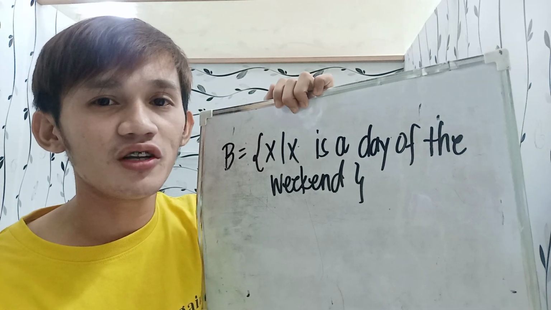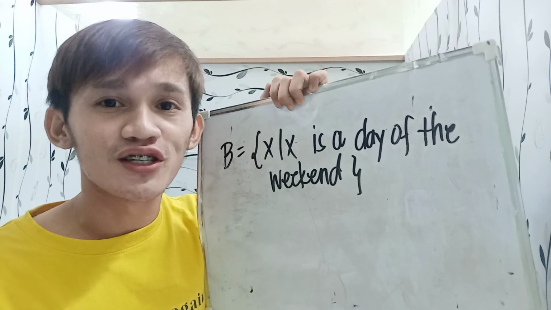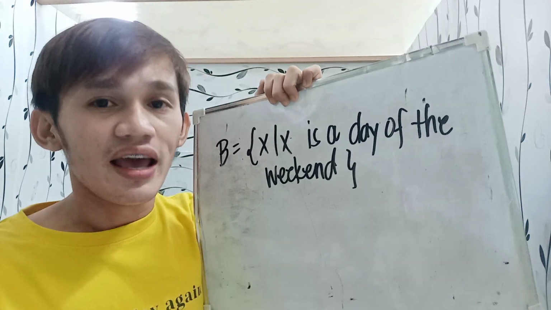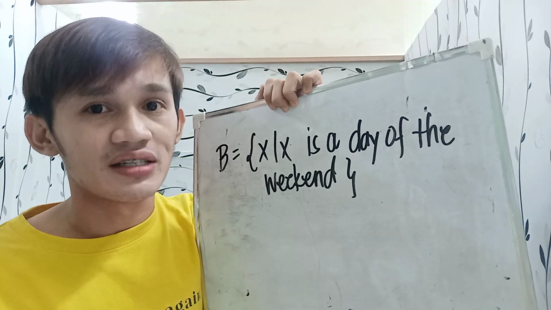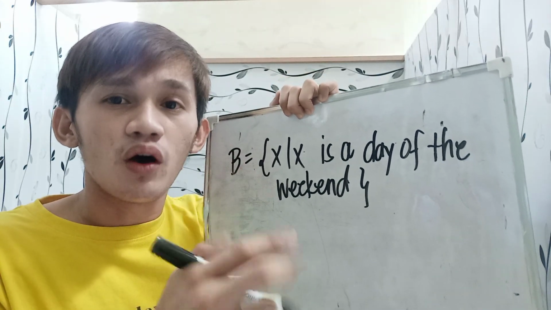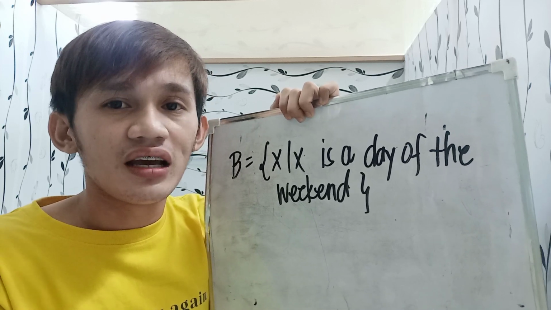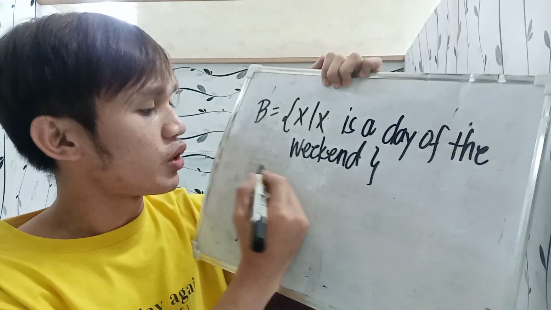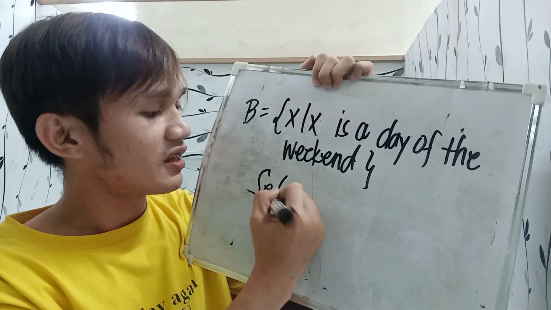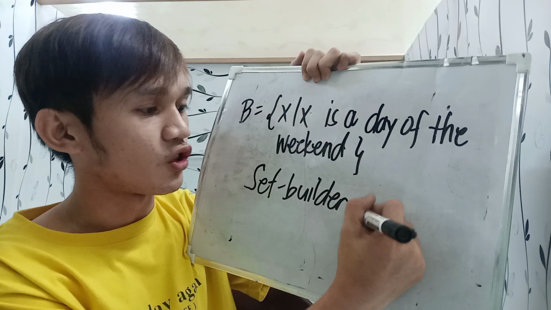Is this a roster method? It is definitely not, because we all know that a roster method is separated by commas. In this case, this is actually the second way or second form of writing a set, and this is what we call the set builder notation.